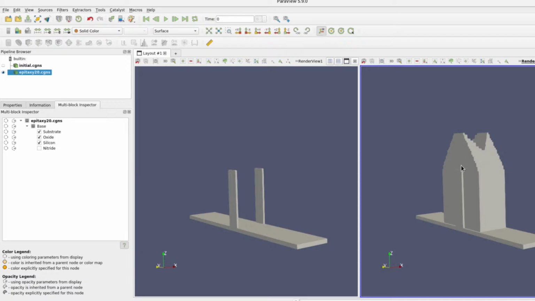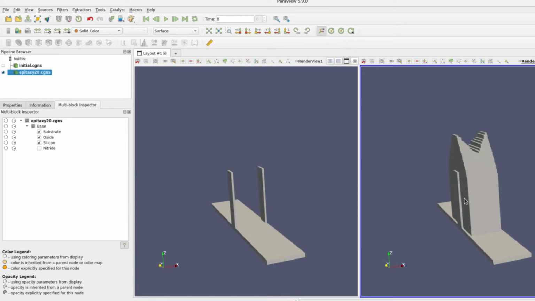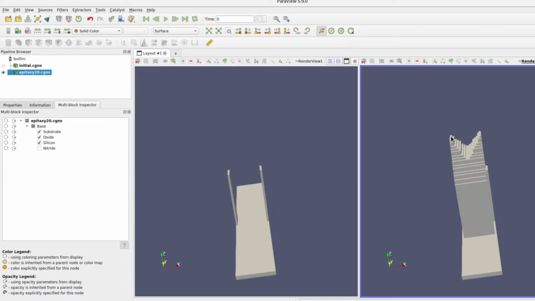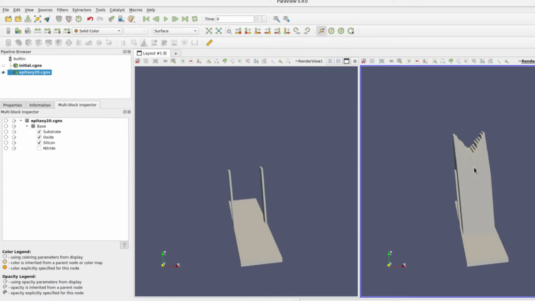However, in reality, nearby this position, we don't have such fast growth of the silicon germanium part. So this is wrong.